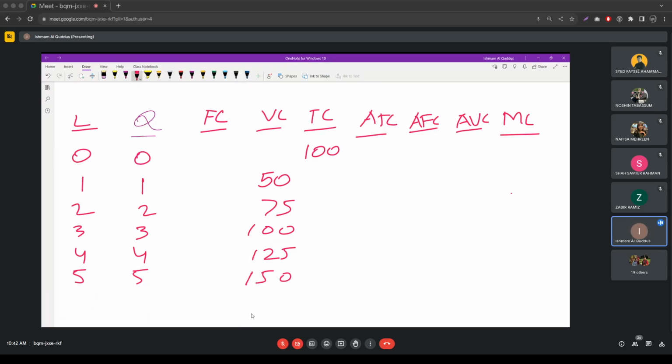Now try to solve this. Everyone, try to solve this table. Fill out this table.